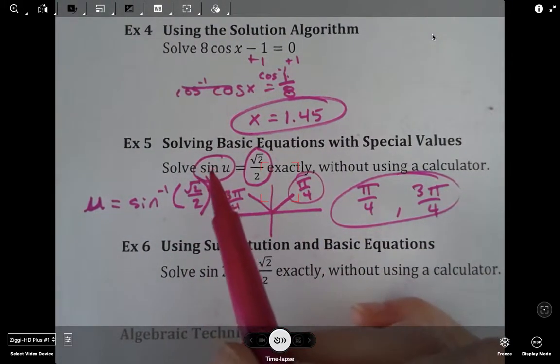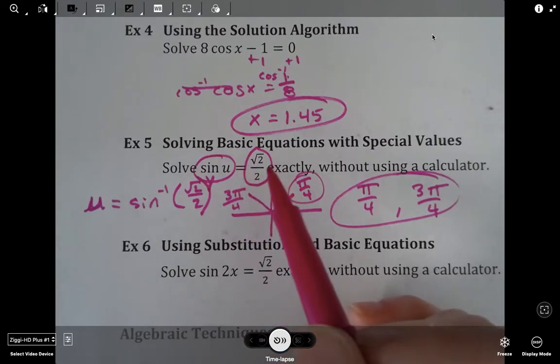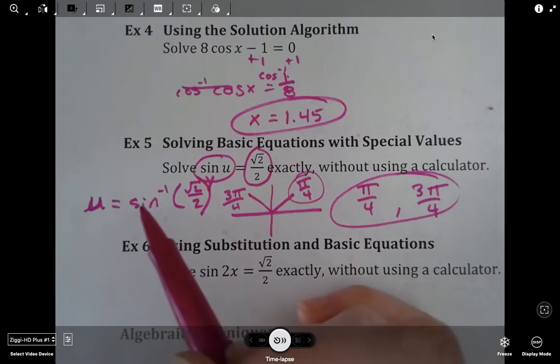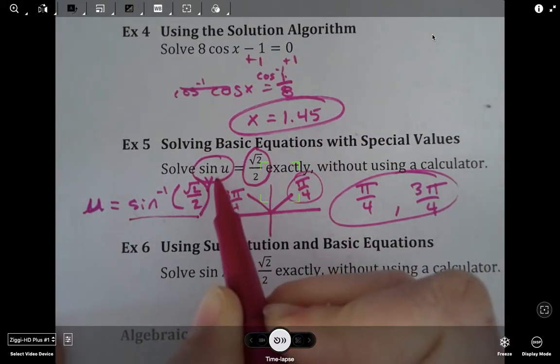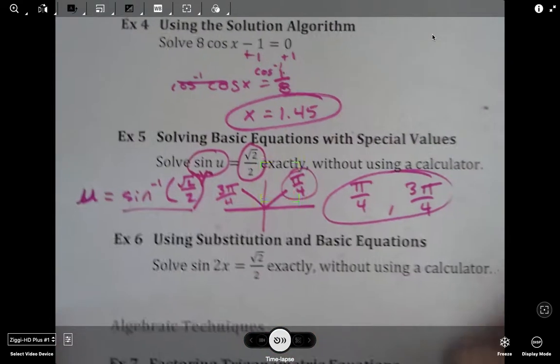Here I'm just using inverse sine to get to square root of 2 over 2, or to get to u. So this one will have two different answers. That's different from what we did in section 8.2. There I'm just looking at the graph of inverse sine. Here I'm using inverse sine to get the original sine, so there will be more than one answer, all right? So that's a little bit confusing.